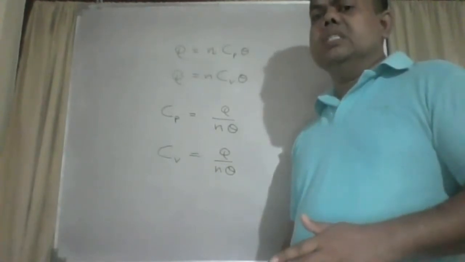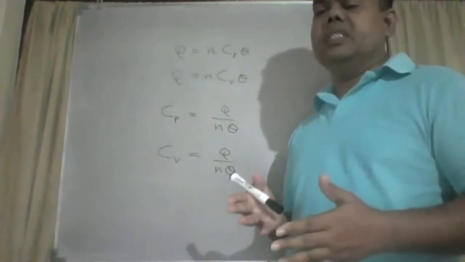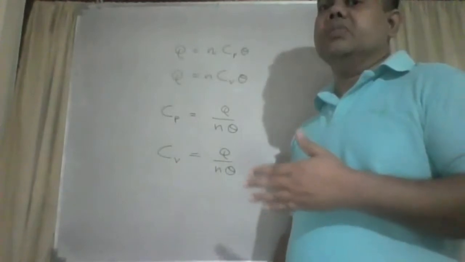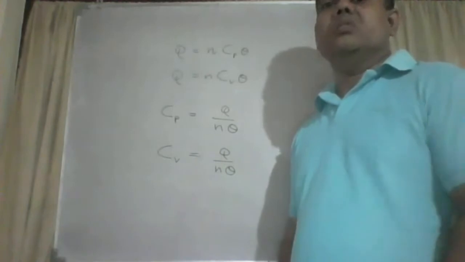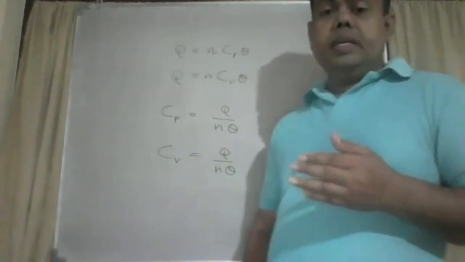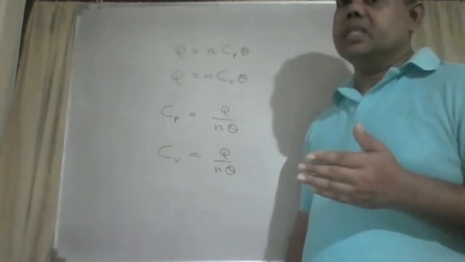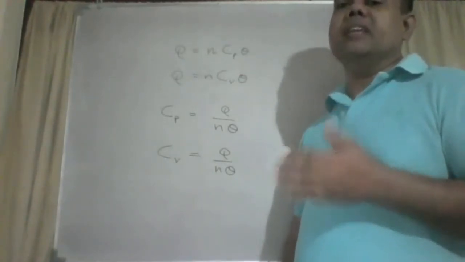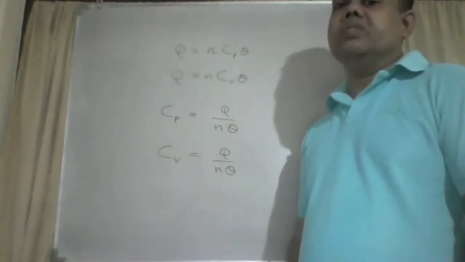Equally, Cv can be defined as the amount of heat required to change the unit temperature of a single mole of gas under constant volume conditions. SI units of Cp is joules per mole per Kelvin. Same unit is therefore for Cv also.